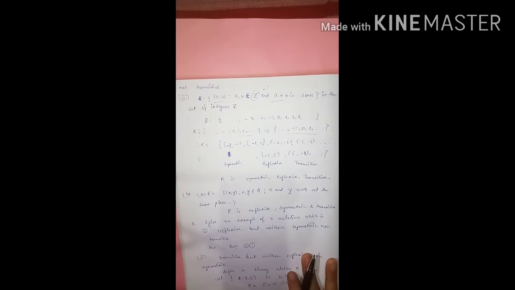We have to check whether R is symmetric, reflexive, or transitive. Now here I have given some elements in R in such a way that this is enough to check the symmetric, reflexive, and transitivity.